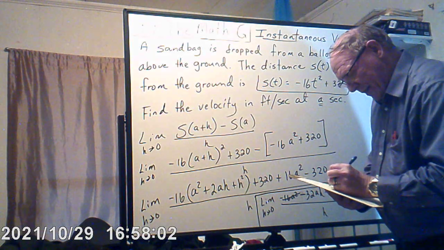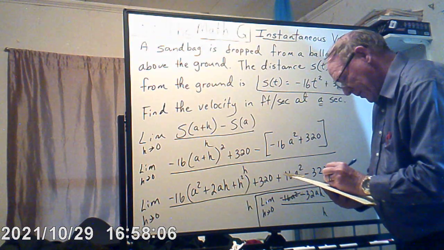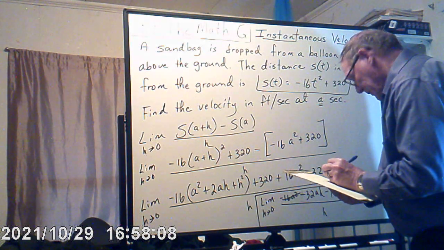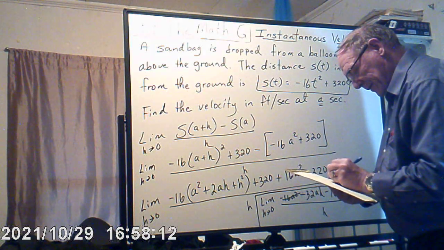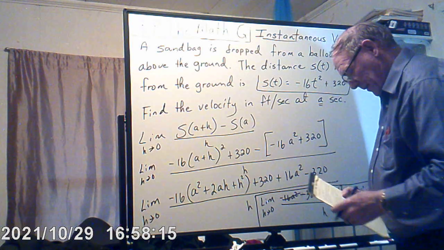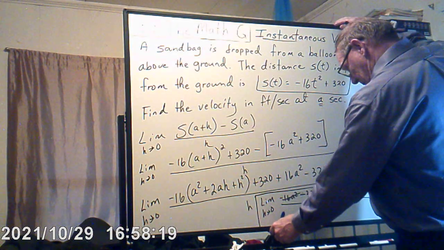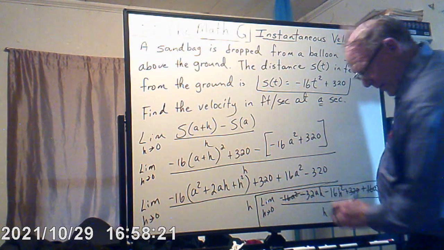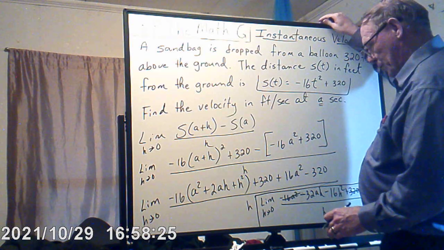Limit as h approaches 0 of negative 32ah minus 16h squared over h. Now, negative 32ah minus 16h squared.